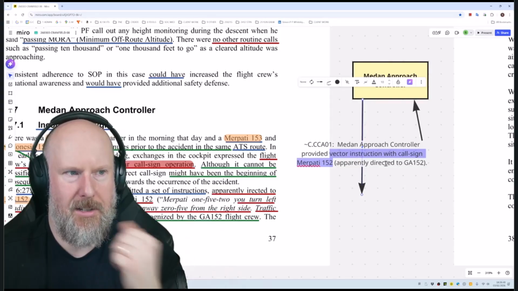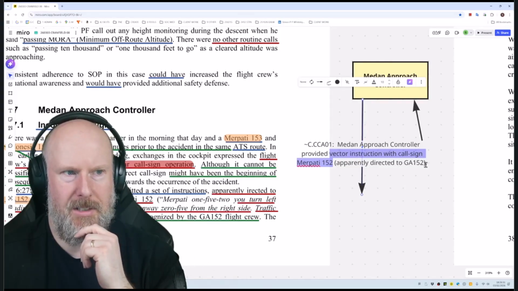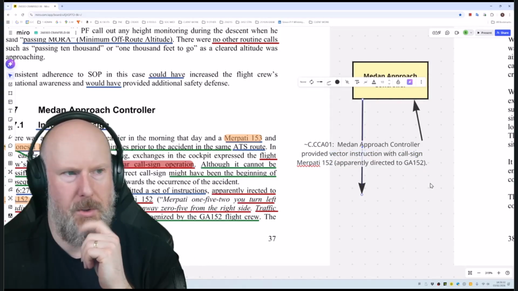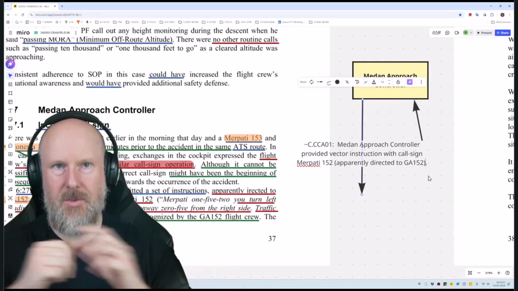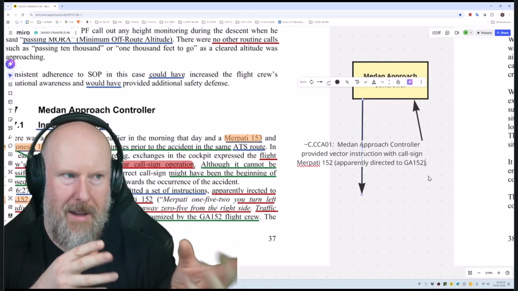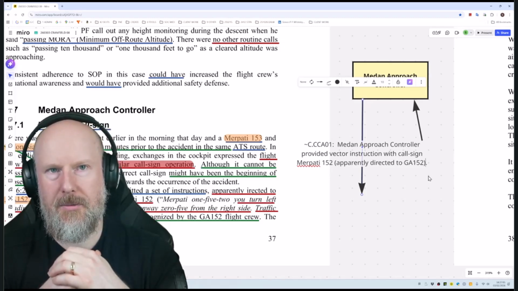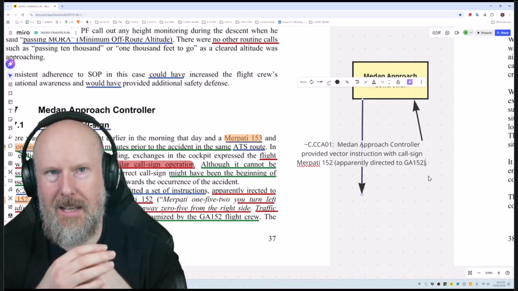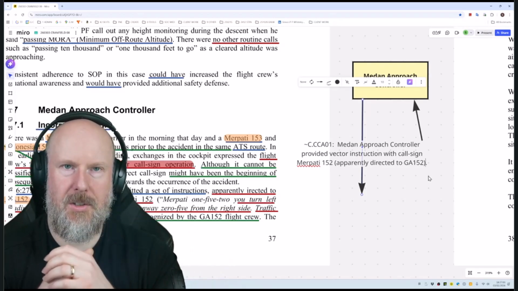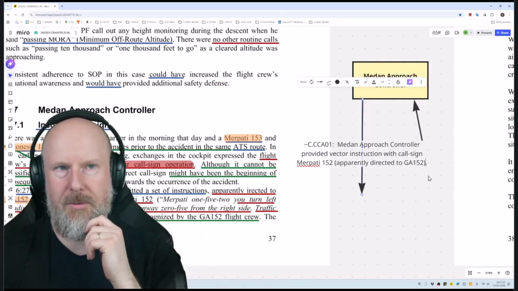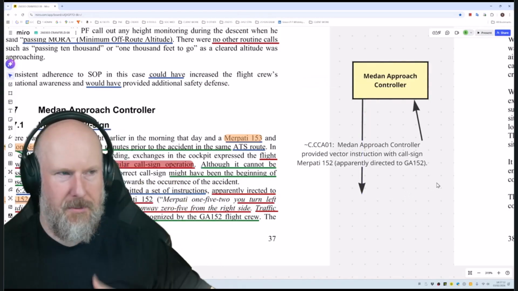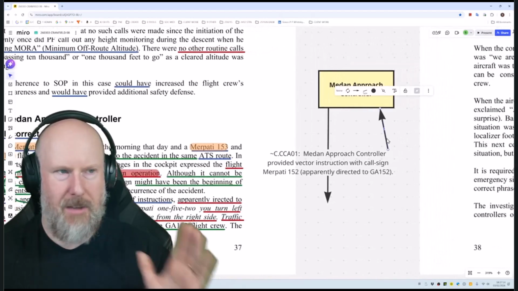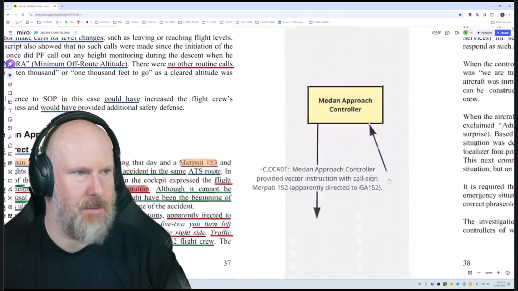And I've included there some context, apparently directed to GA152. Now, if I was to turn that into a more formalized STPA control action, of course I wouldn't mention specific flight call signs and things like that. I'd make it more specific to the action of providing air traffic control instructions. So I hope that gives you a little bit of food for thought. It is a work in progress. We are going to evolve it later on.